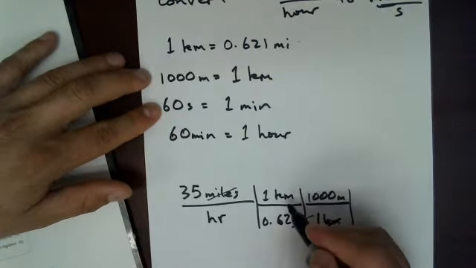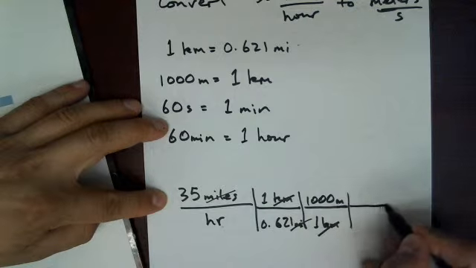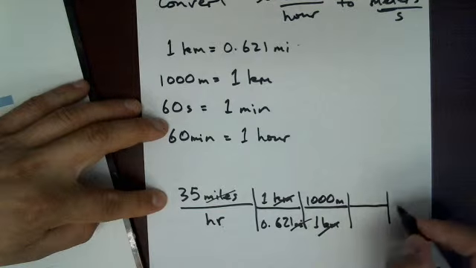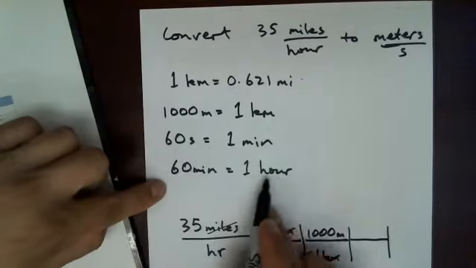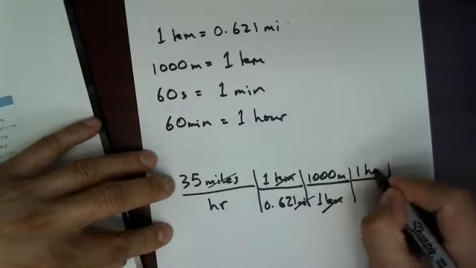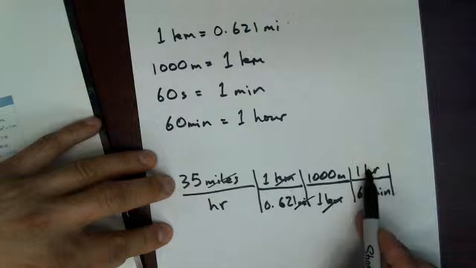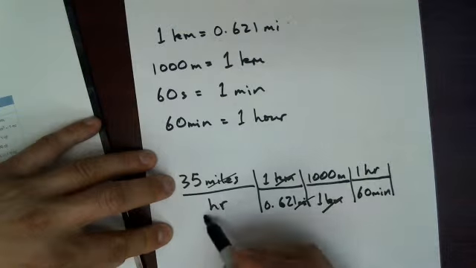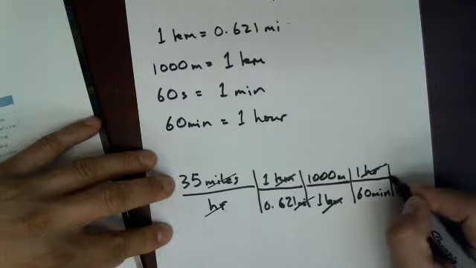Now I'm in meters per hour, but I want meters per second, so I'm going to have to convert the hour. I want to get rid of hours, and I know 1 hour is 60 minutes. Again, I'll put the hour on top so that it cancels with the one on the bottom. So now I'm in meters per minute, and I want meters per second.